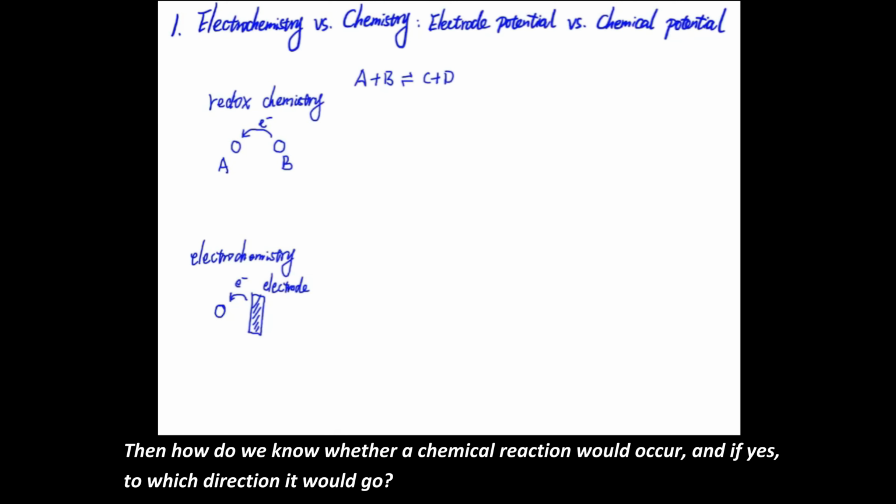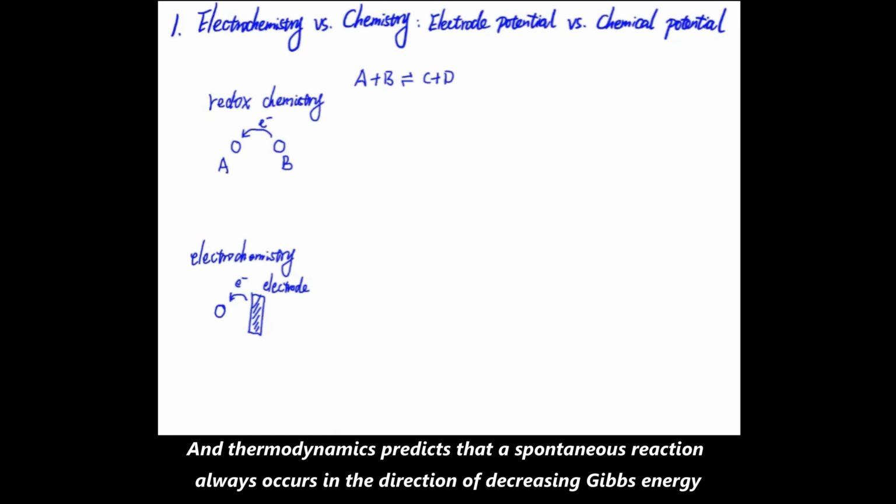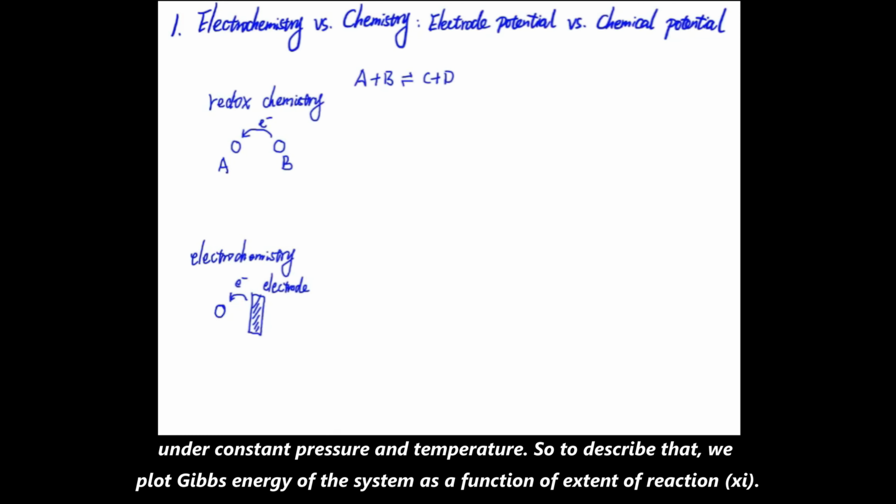Then how do we know whether a chemical reaction would occur, and if yes, to which direction it would go? Well, thermodynamics predicts that a spontaneous chemical reaction always occurs in the direction of decreasing Gibbs energy at constant pressure and temperature.